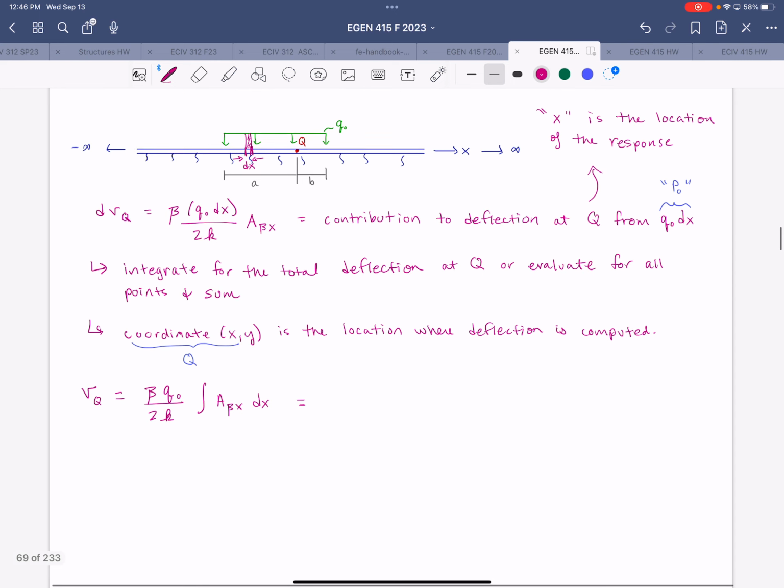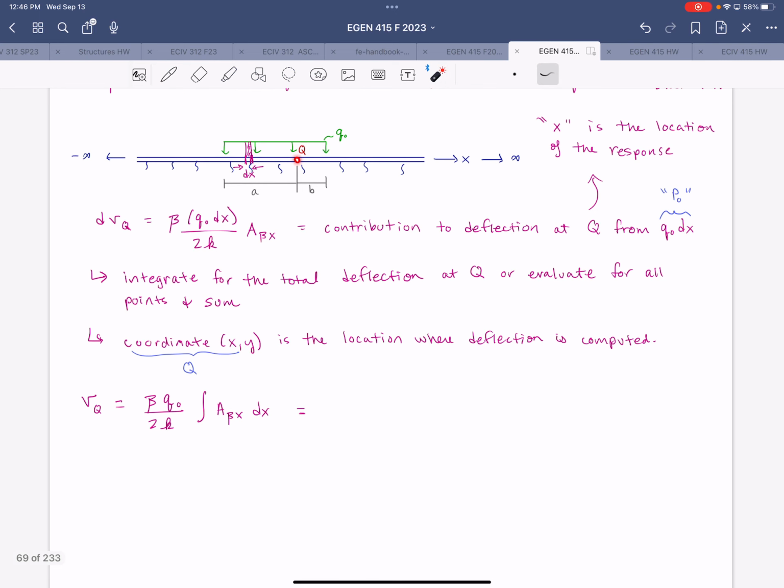So in this case, right, point Q where the deflection is evaluated, we define dimensions lowercase a and b as from that point to each end of the distributed load. So we would then break up our integral according to that.